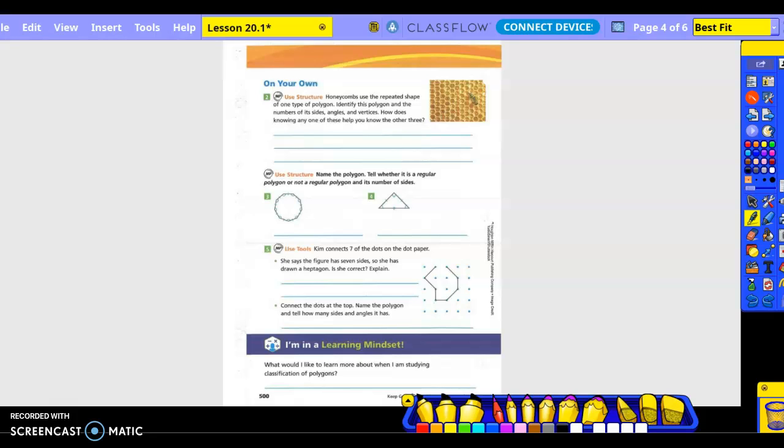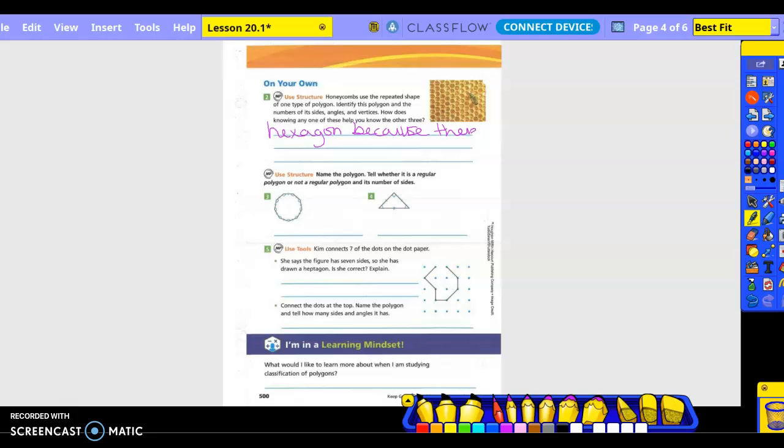Number 2, use structure. Honeycombs use the repeated shape of one type of polygon. Identify this polygon and the number of its sides, angles, and vertices. How does knowing any one of these help you know the other 3? Okay, so what shape is that? It's a hexagon. Because what?